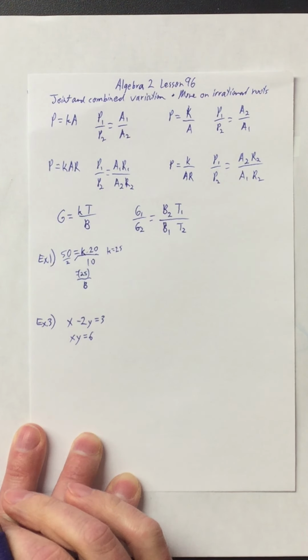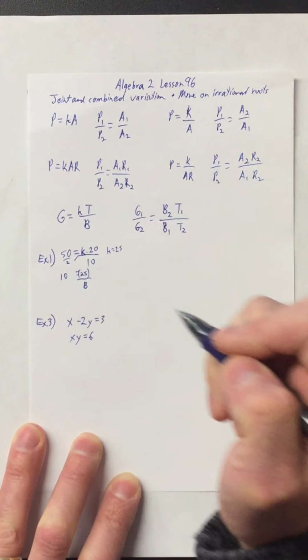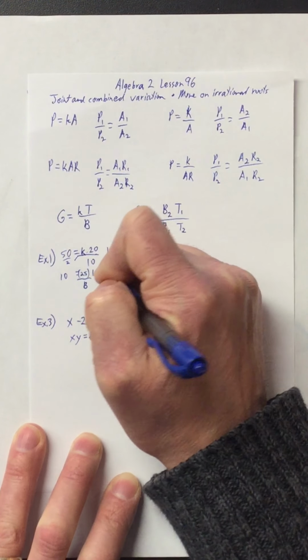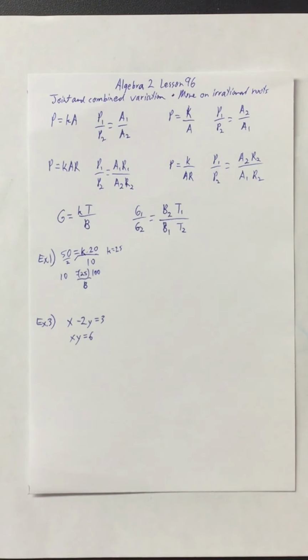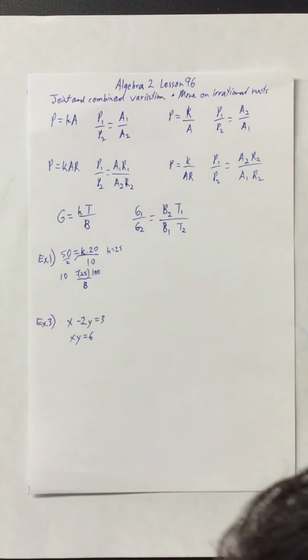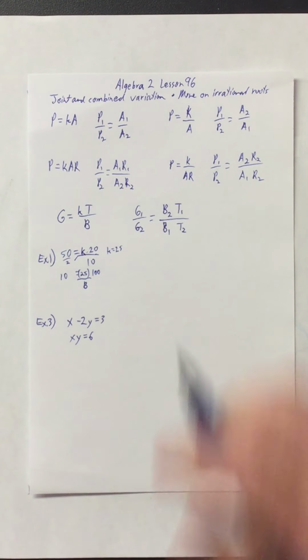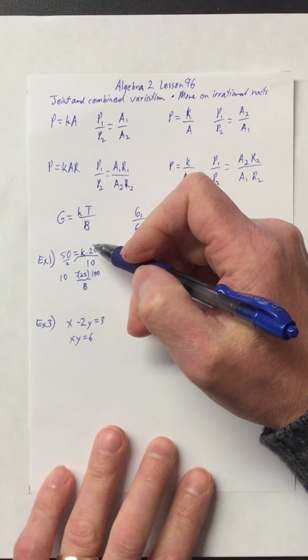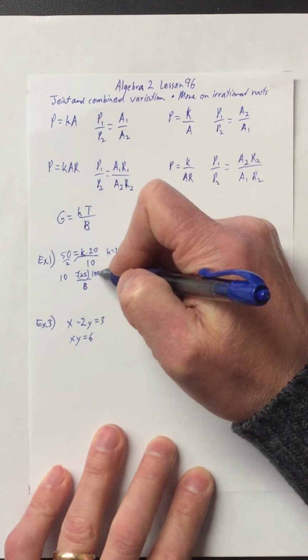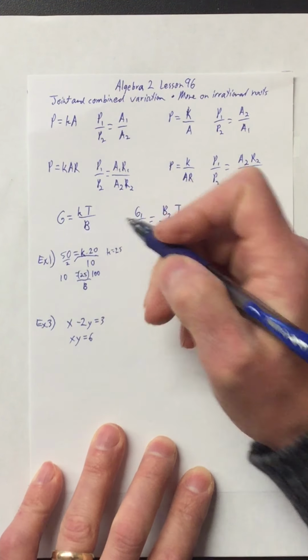When there were 10 girls, so 10 over here, and 100 teachers. Okay, so the girls' number went down, which means the boys' number has to go up. There's going to be more than 10 boys. That's a lot of teachers, huh? Okay.